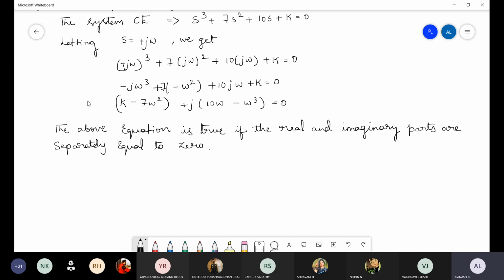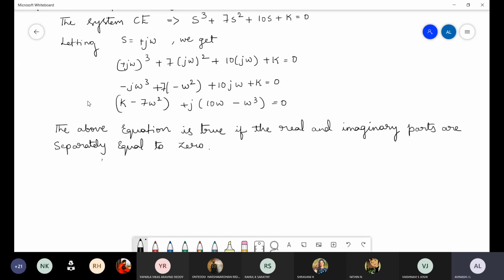In order to get this 0, when it comes to multiplication, if any one element is 0, then the other element multiplied with 0 gives 0. But here k minus 7 omega square should also be equal to 0, and 10 omega minus omega cube should also be equal to 0.